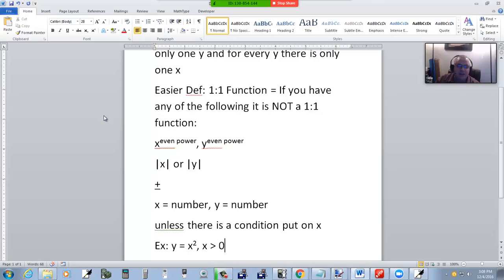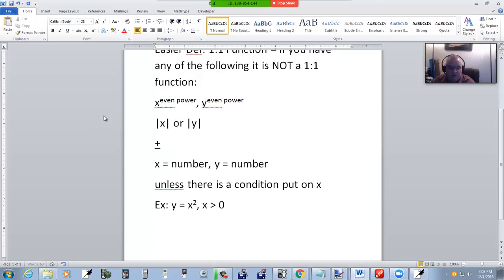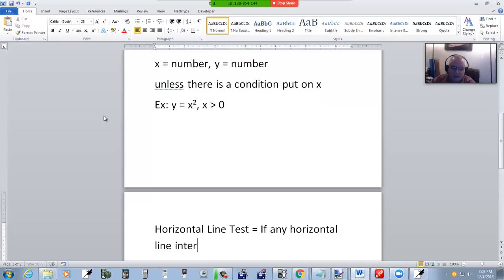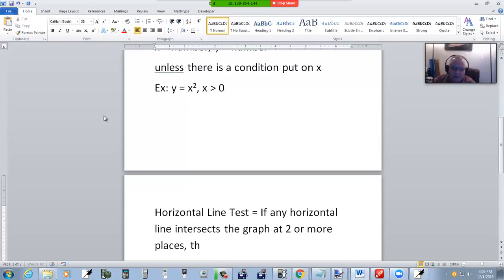Now there's a test called the horizontal line test. And this says if any horizontal line intersects the graph at 2 or more places, then it is not one-to-one.